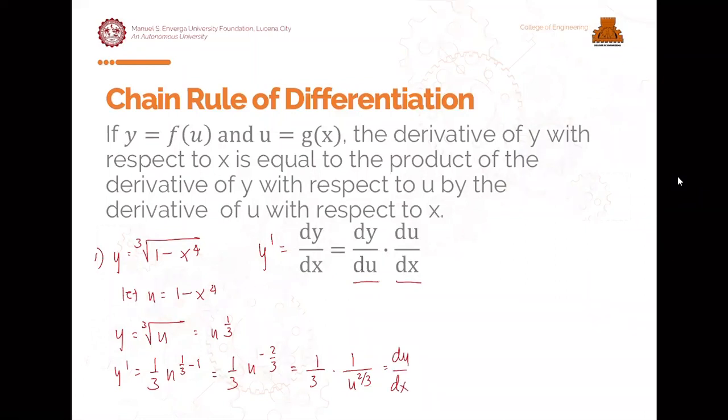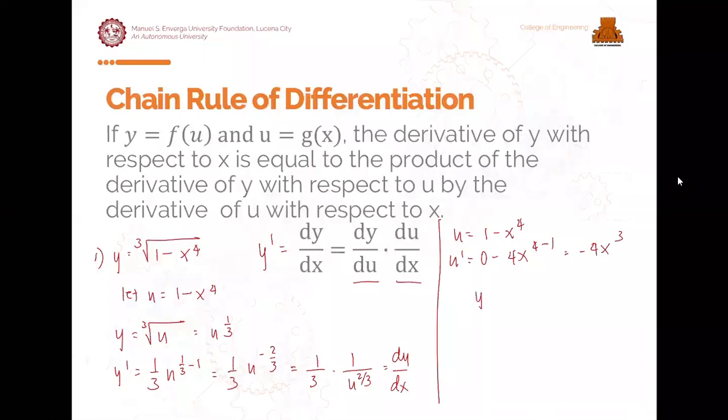Kailangan natin ngayon is yung du over dx naman. So, meron tayong u is equals to 1 minus x to the fourth. So, ang u prime natin is equals to 0 minus 4x 4 minus 1 or negative 4x cube. Okay?